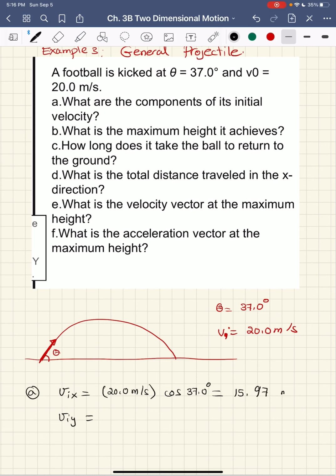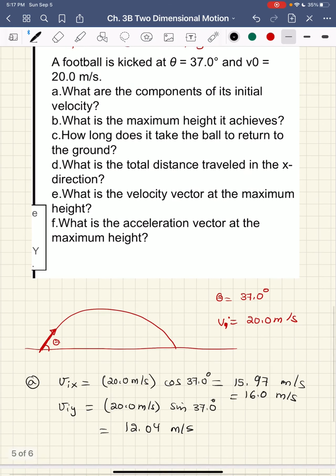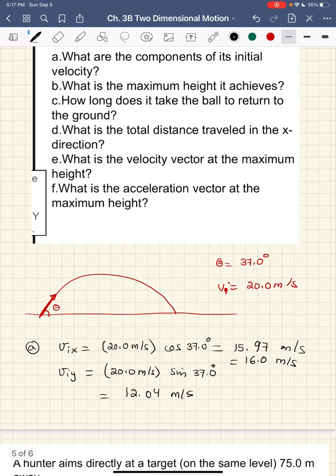For the answer you have to round it, but when you use it, it is much better to use it without the rounding. And VIY is 20 times sine 37, and that is going to give you 12.04 meters per second. Then this is part A. Now part B, let me bring it with us.